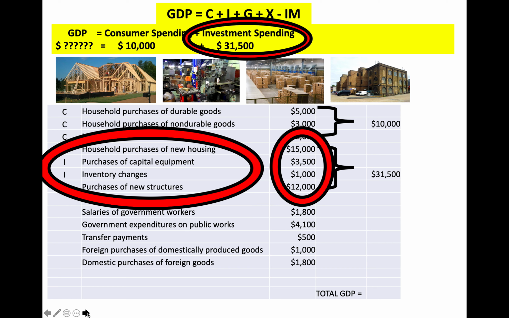To get the investment spending, we're going to count purchases that businesses make of capital equipment. We also measure inventory changes. Now, inventory changes is basically what inventory is left over at the end of the year. Because during the course of the year, they build up their inventory, they sell the items.